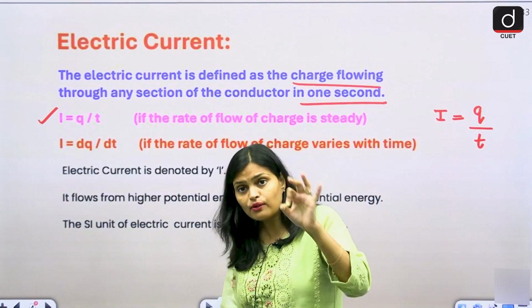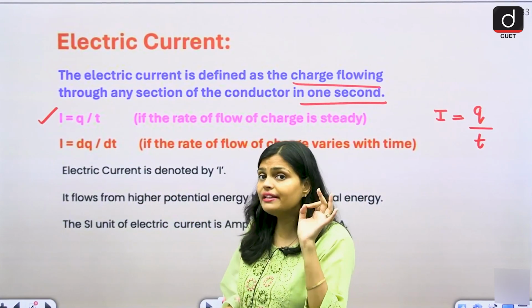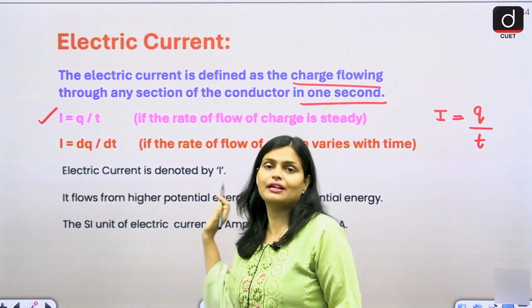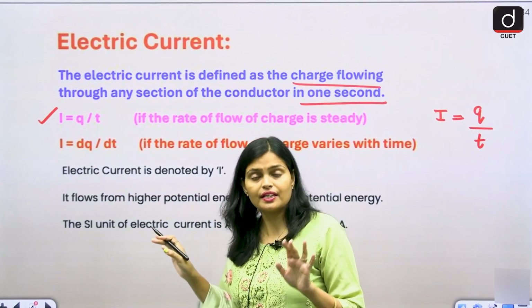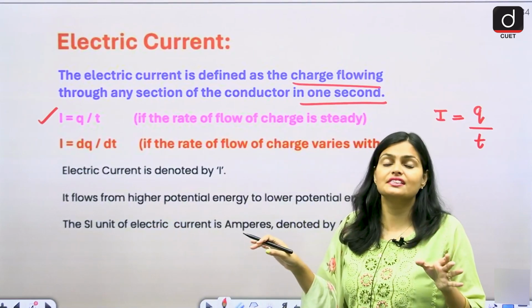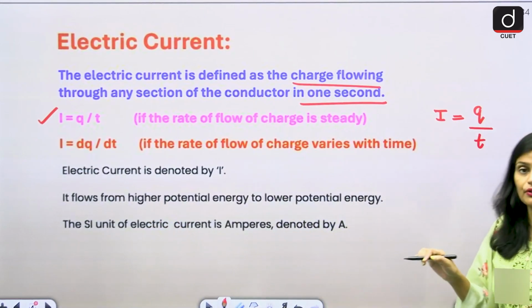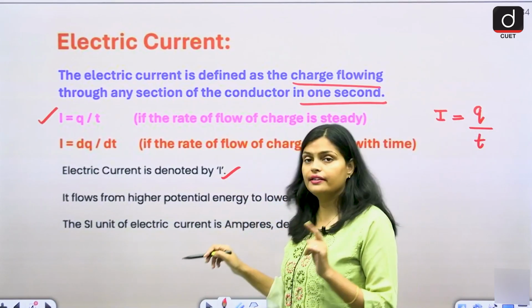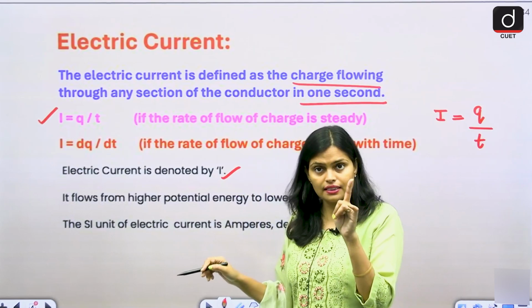At a particular instant, how much charge is flowing can be calculated by dq by dt simply. Now electric current is denoted by capital letter I.